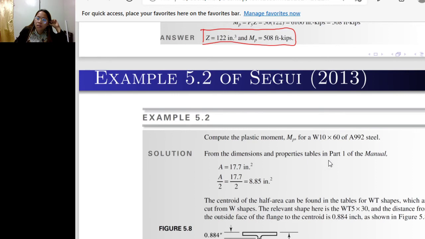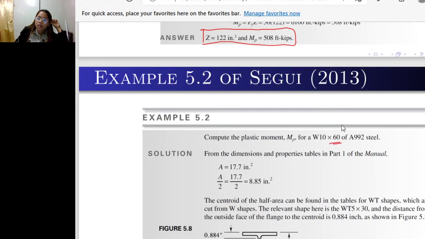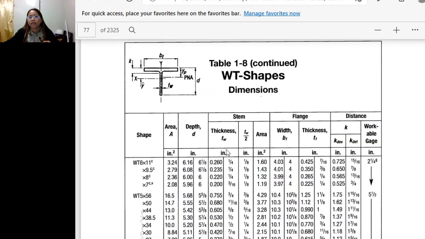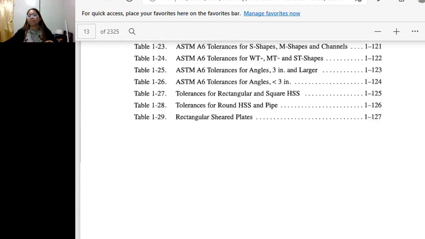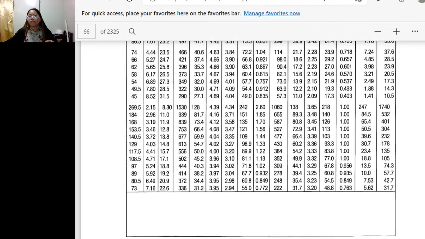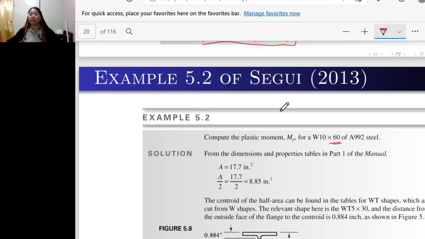So from the dimensions and properties tables in part 1 of the AISC manual, this W10 by 60 has an area of 17.7 square inch. So half of that is 8.85.